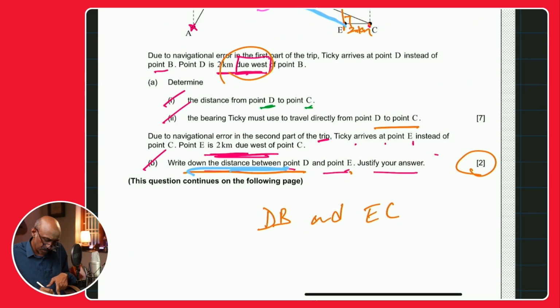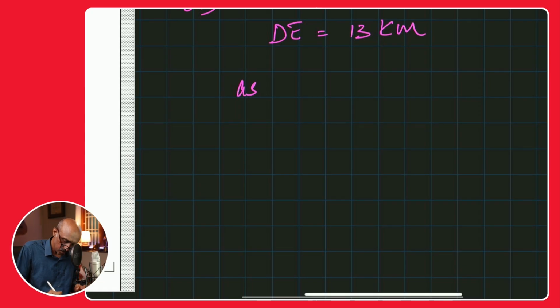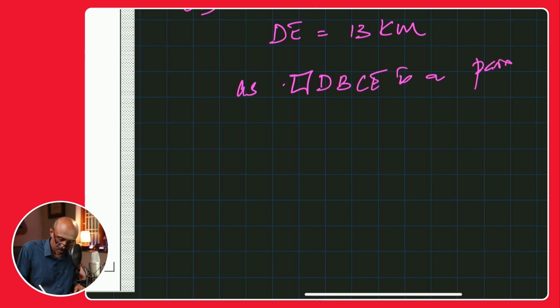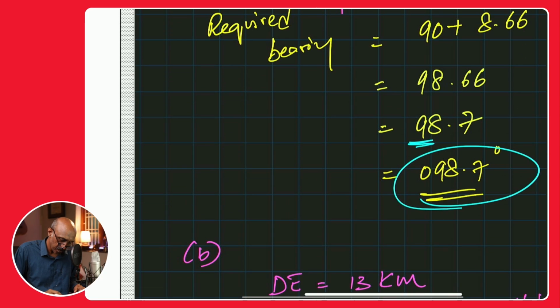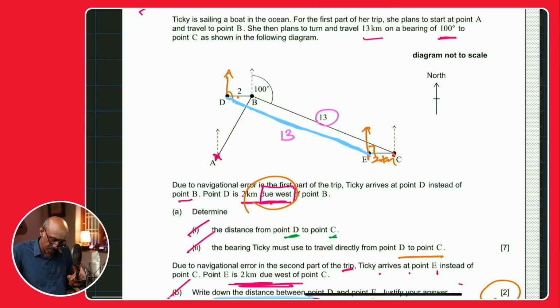What is the justified answer? The distance between D and E is 13 kilometers because DBCE is a parallelogram. DBCE in that order is a parallelogram. I think even if you write parallelogram, that's fine, but if you want to justify, I'm just wanting to make sure that I labeled it correctly. DBCE, did I write that?